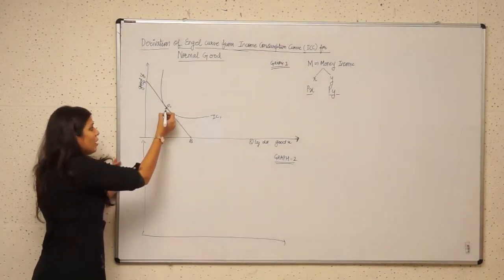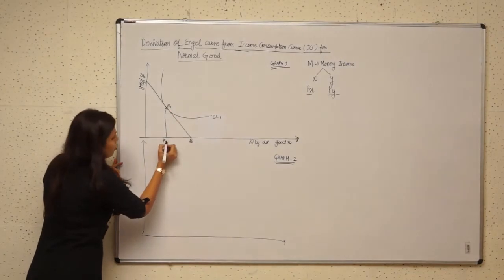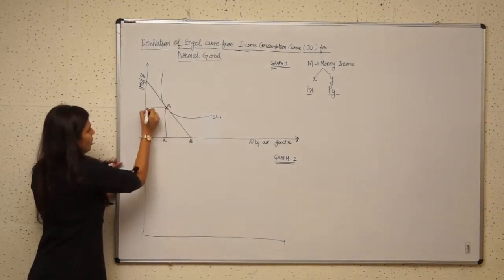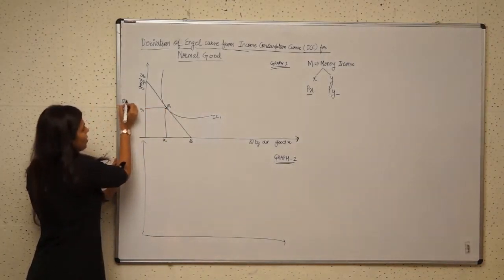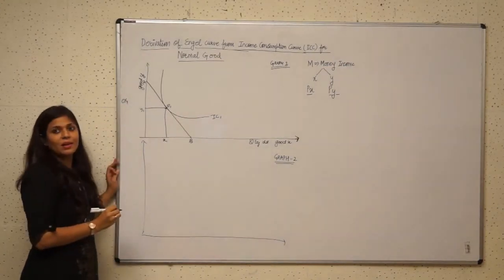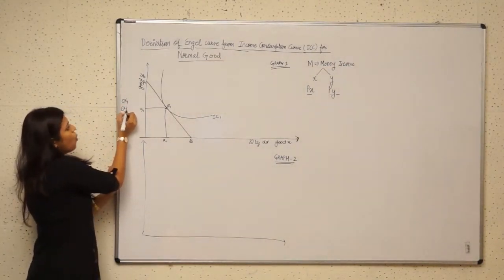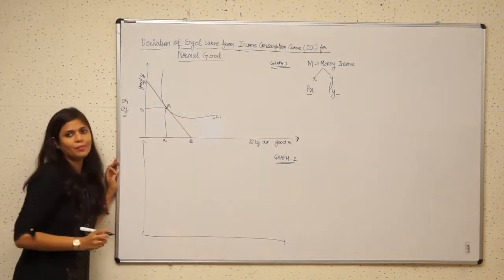At point E1, the consumer is consuming OX1 units of X and OY1 units of Y.